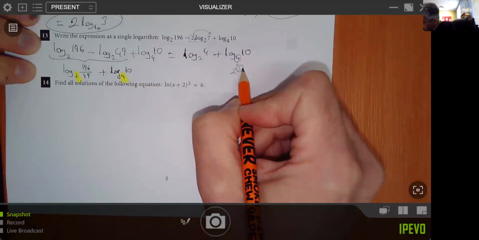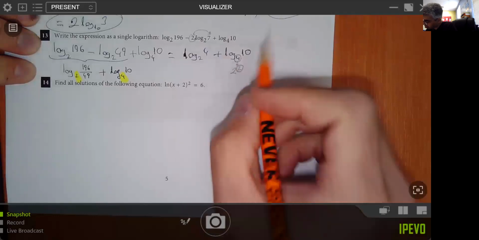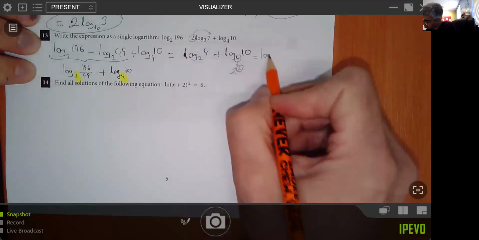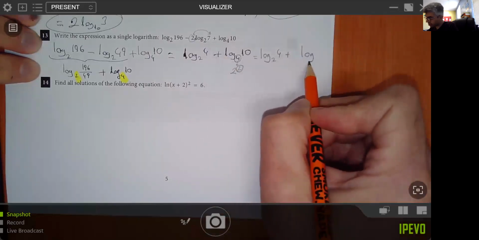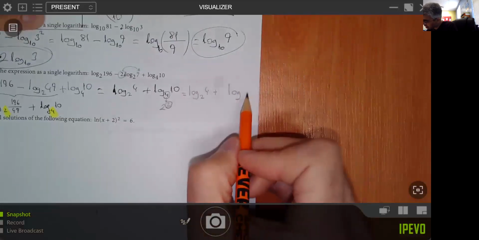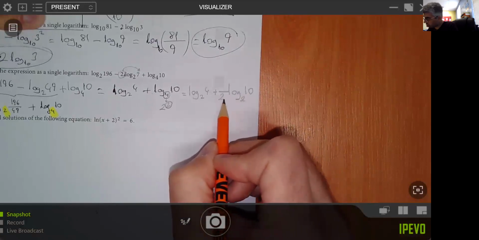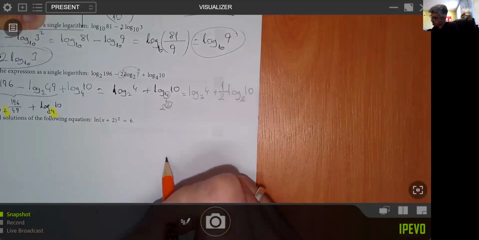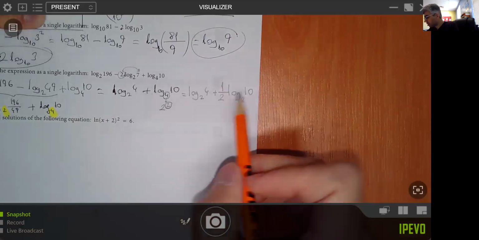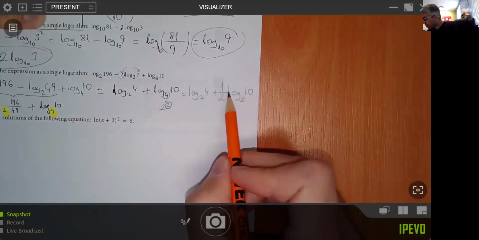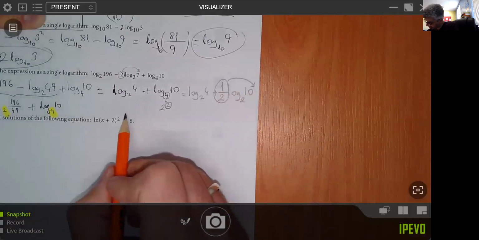And that power of 2 can be written in front of the logarithm. How do we do it? Remember, so I write the first logarithm plus, so here, pay attention, it's log of 10 base 2, so that square comes here in the denominator. So here I have 1 over 2. All right. Okay. And then, look, but I shouldn't have any number here. Then I write this number as the power of 10. Wow. It's nice.